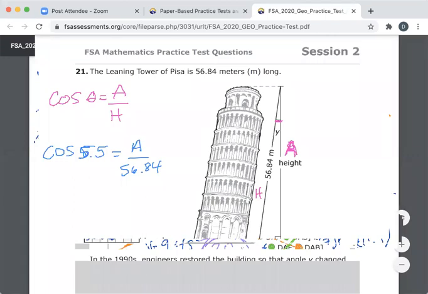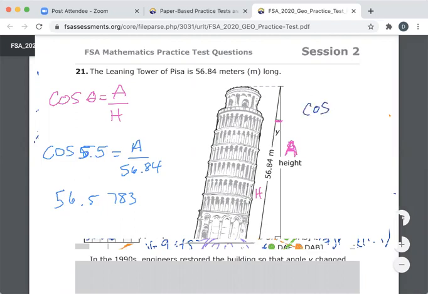On my calculator, I had to put 5.5 in first and then hit cosine, and I get 0.995, a whole bunch of numbers. I'm going to multiply that by 56.84 to get the A by itself, and I end up with 56, and at the very end, we're looking for the nearest hundredth, so I'm going to leave some decimals after that. 56.5783.